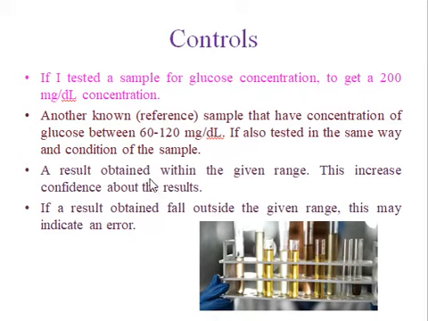But if a result obtained falls outside this range, this may indicate an error. So a control sample or control solution can be used to test myself if I work and adhere to the accuracy and precision measures or not.